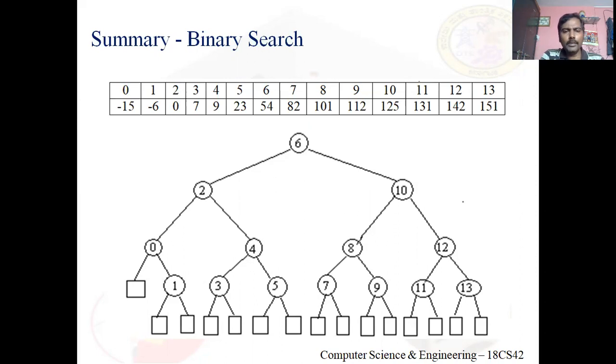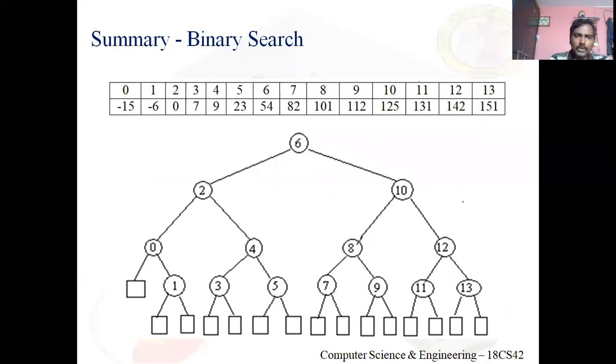Consider the levels: the root node, node 6, is at level 0. Nodes 2 and 10 are at level 1. Now, when I look at node 2, look at index 2.